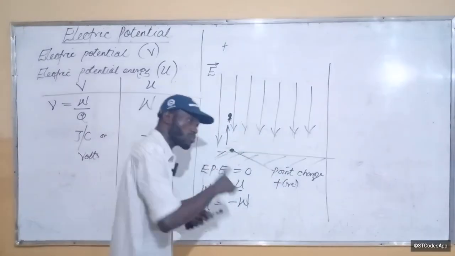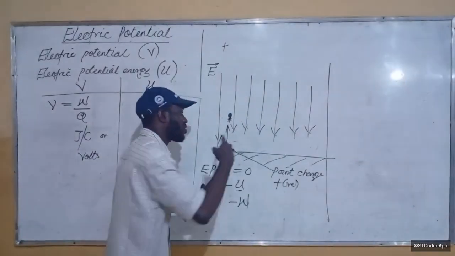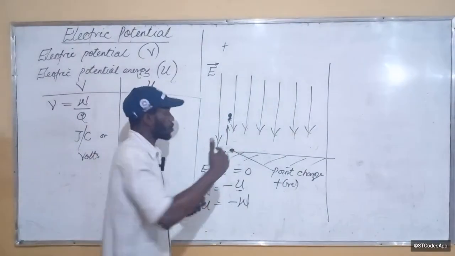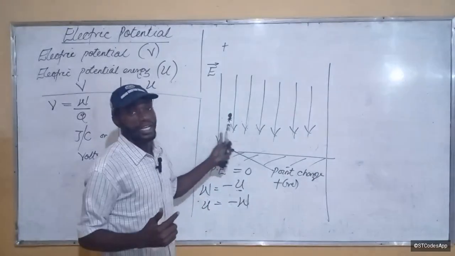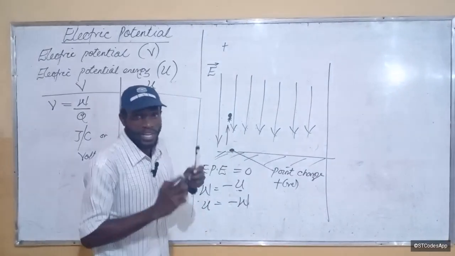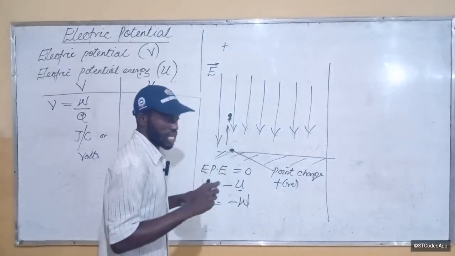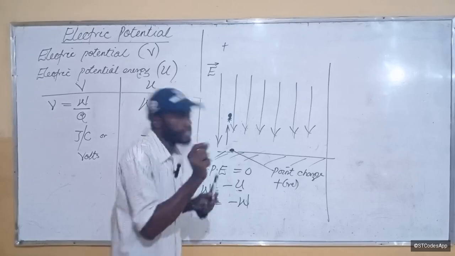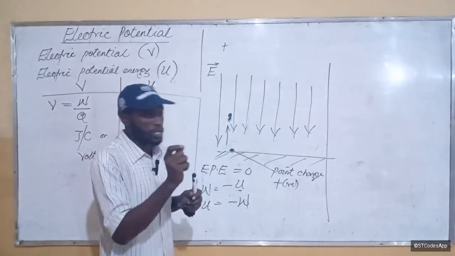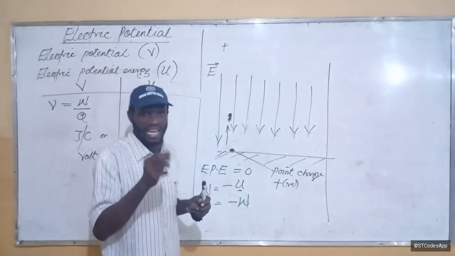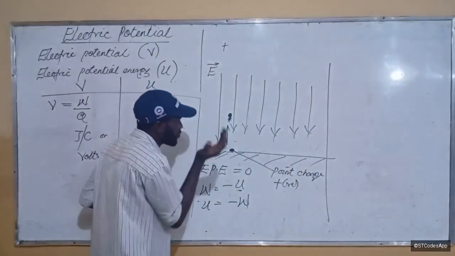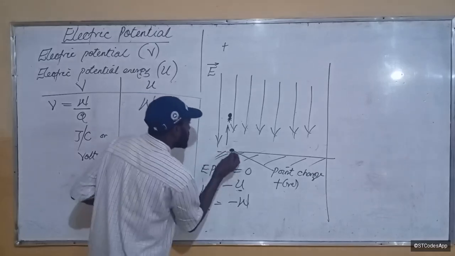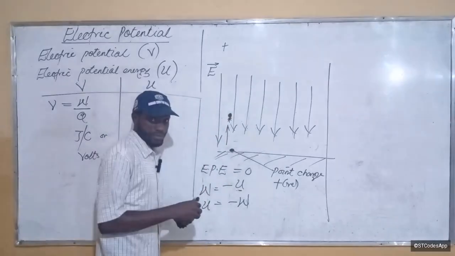Actually, the force must move it slowly so that it doesn't impart velocity to it, because once it moves speedily, it is no longer electrostatics. Since we are still talking about electrostatics, we deal with charges at rest, or charges with such slow motion that we count them as almost at rest. Is that clear? So now that force has to move this body against the field.